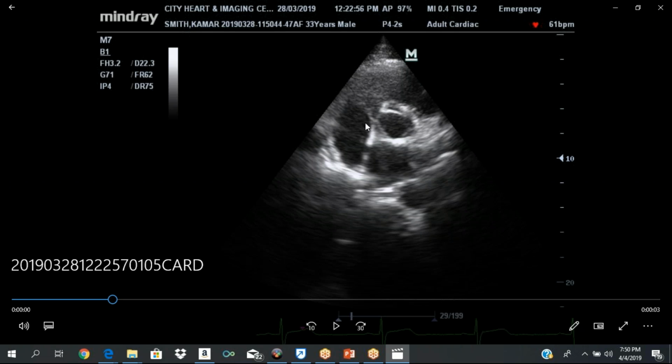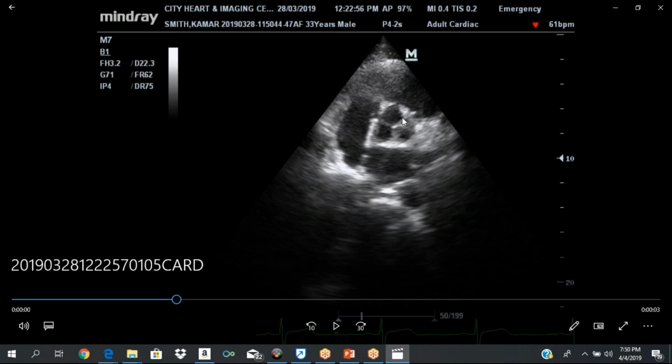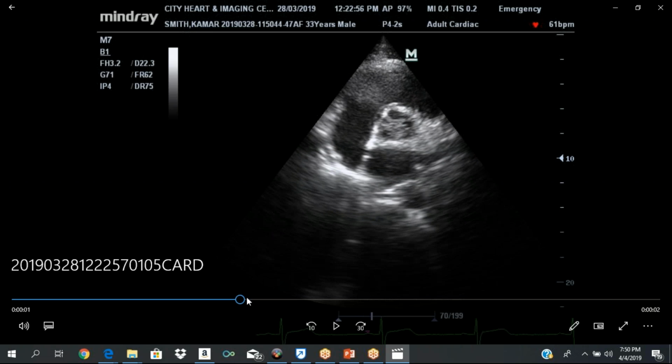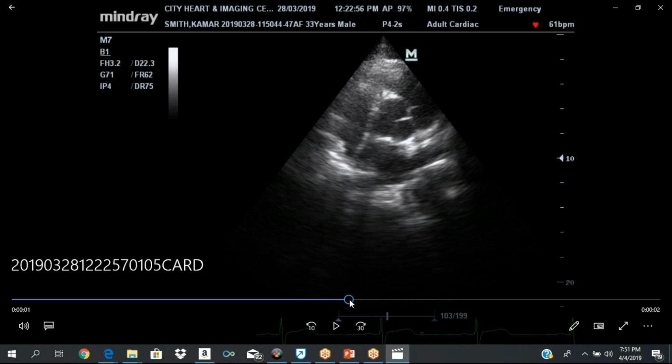Your tricuspid valve is right there, the septal leaflet and the anterior leaflet. The right ventricle is right there. This is your right atrium, atrial septum, and this is your left atrium. So when the aortic valve is closed, it closes in a Mercedes-Benz sign. When open, it has a triangular configuration.